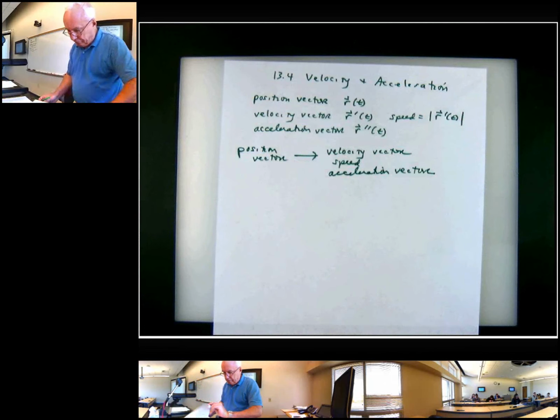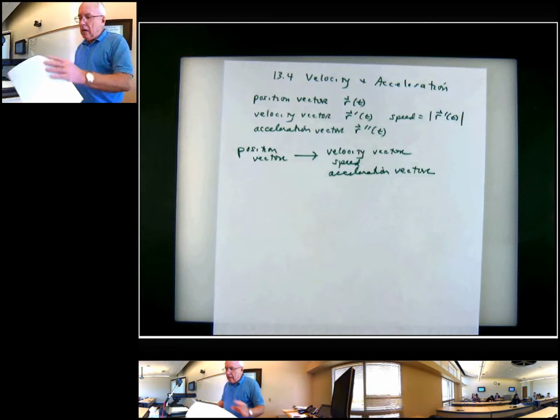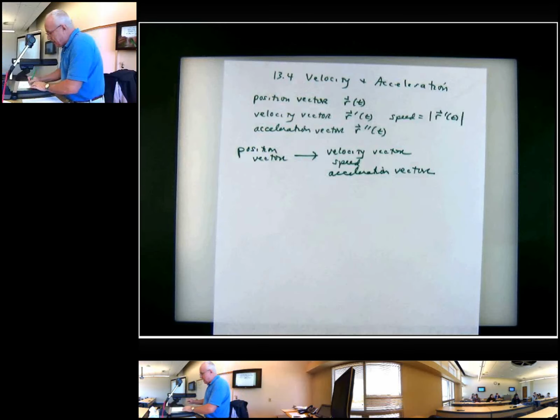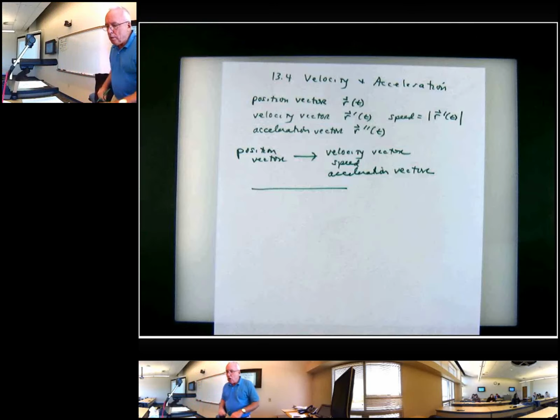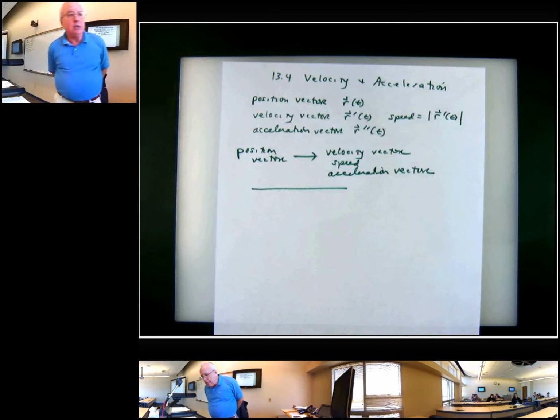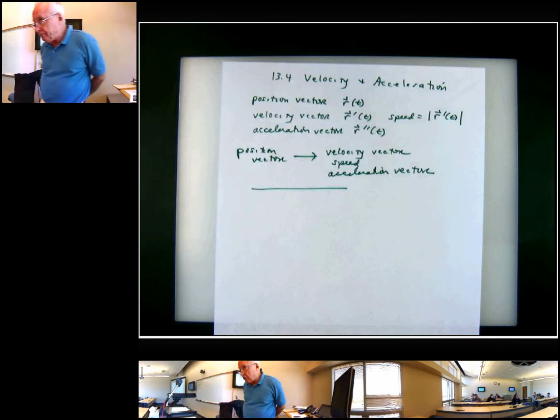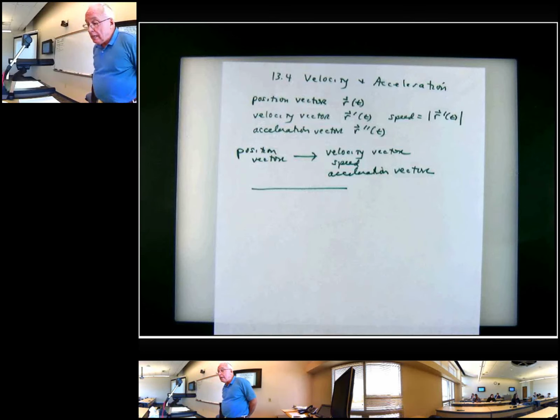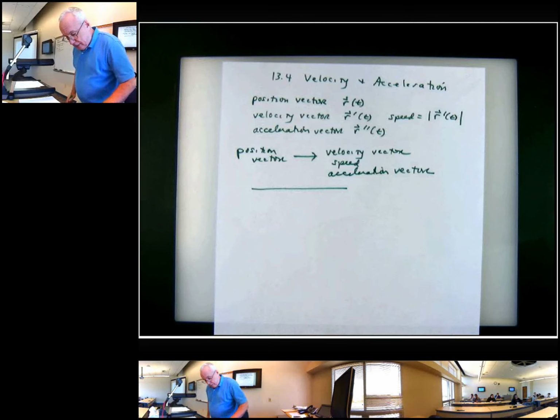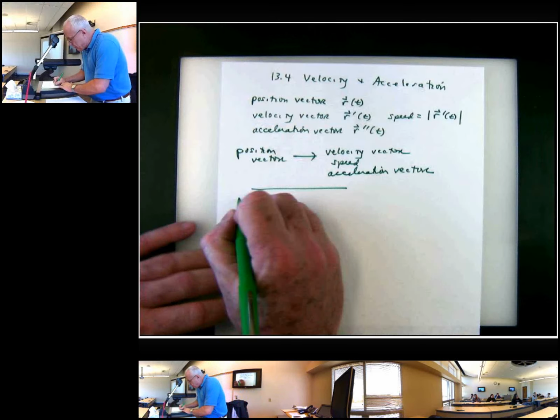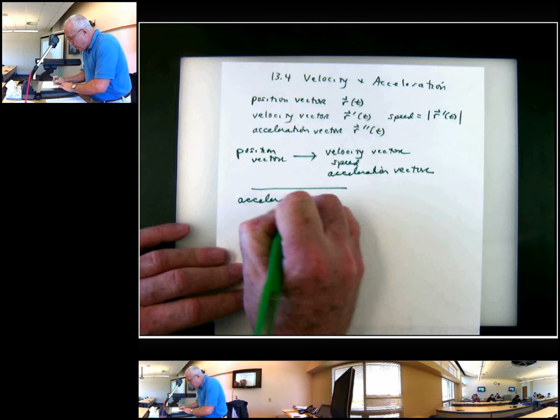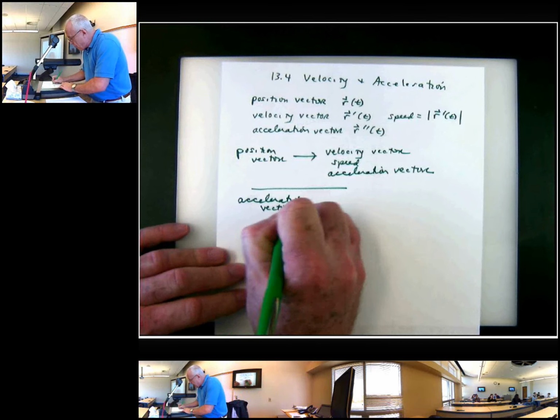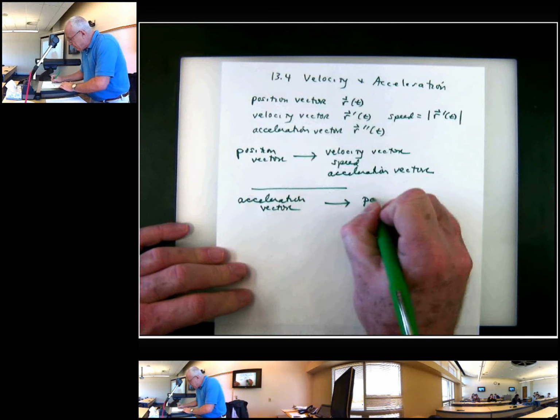Now what we're going to do this time is the opposite direction. We're basically going to be given the acceleration vector, the initial position vector and the initial velocity vector, and we're going to go backwards by integrating in order to get the position vector. So here we're going to start with the acceleration vector, and we're going to obtain the position vector.